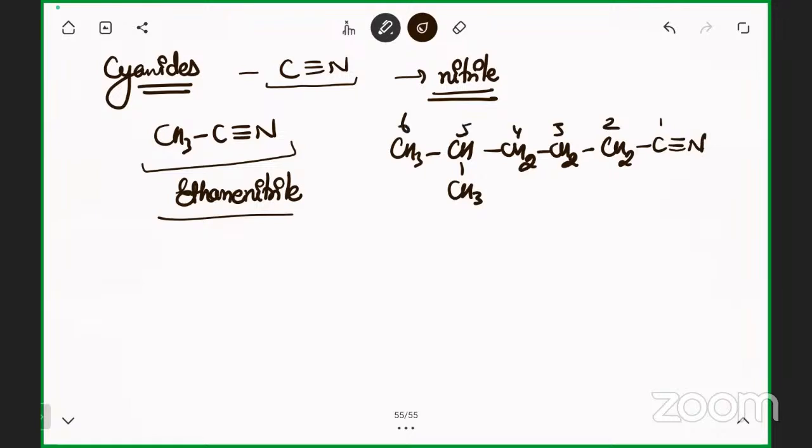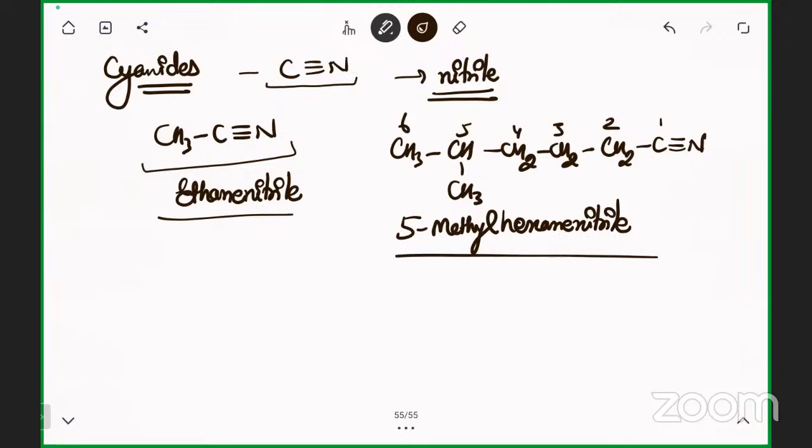Now tell the name. 5-methyl hexane nitrile. Very good. 5 methyl, hexane, and then nitrile. Very good. Very nice. So it's easy. Okay. It's not that much tough.